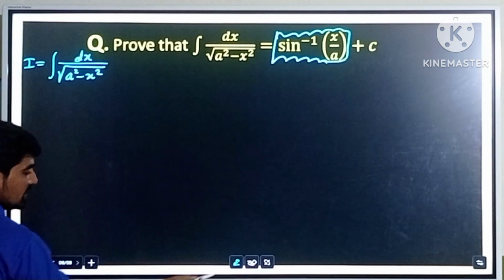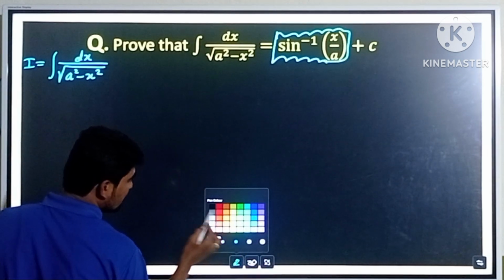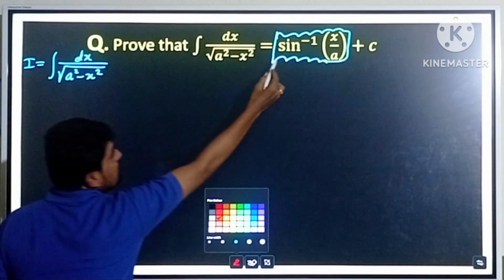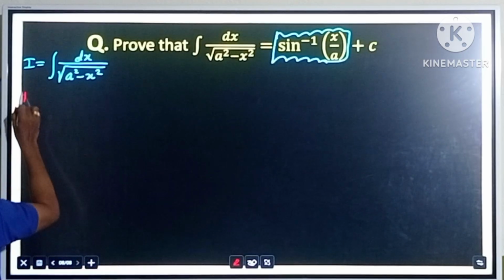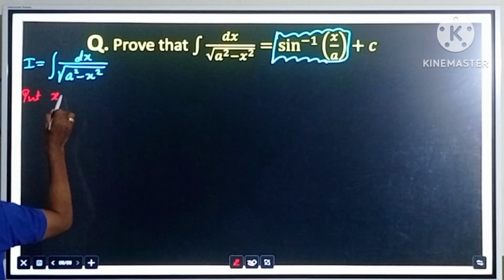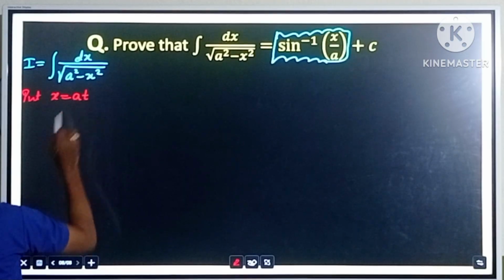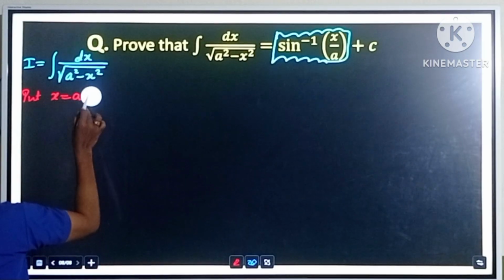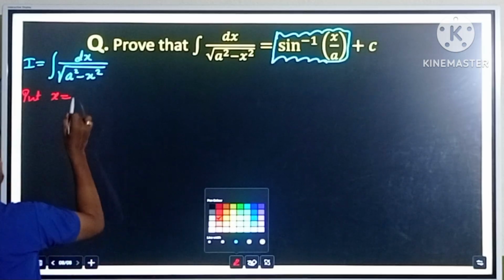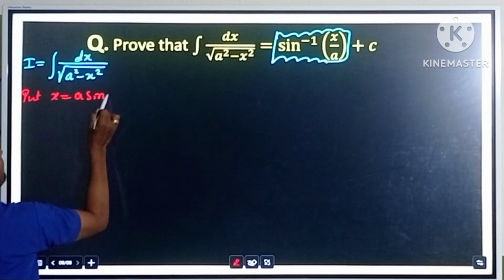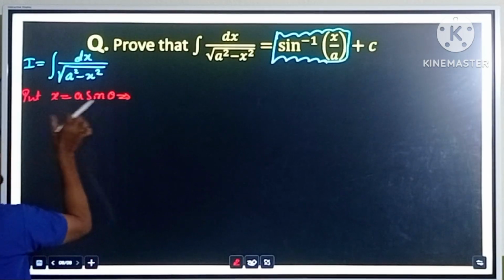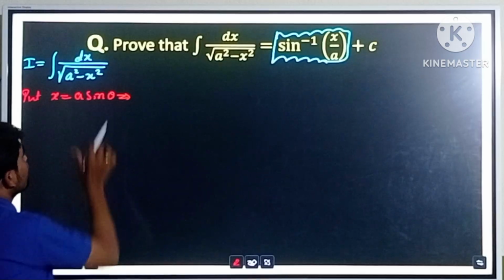So that's why here I am going to substitute: put x equals a sin theta, which implies sin theta is x by a. What is sin theta?